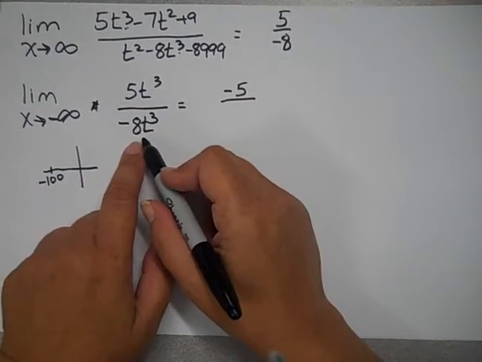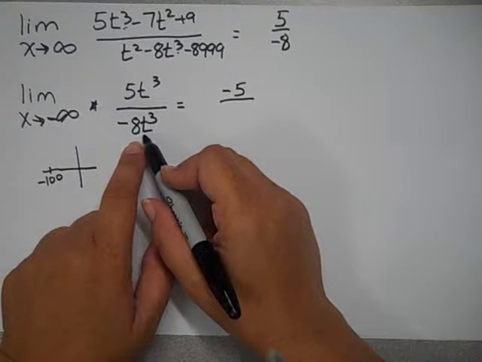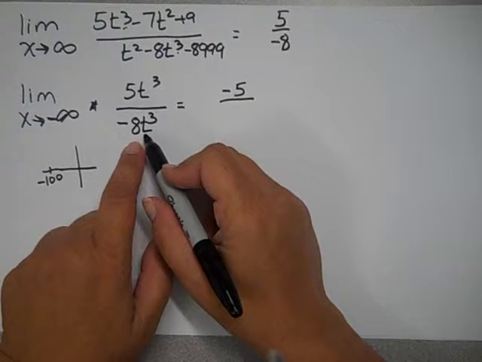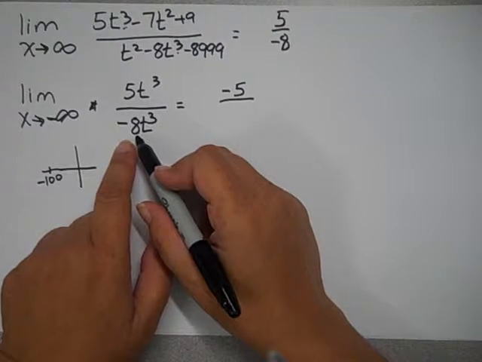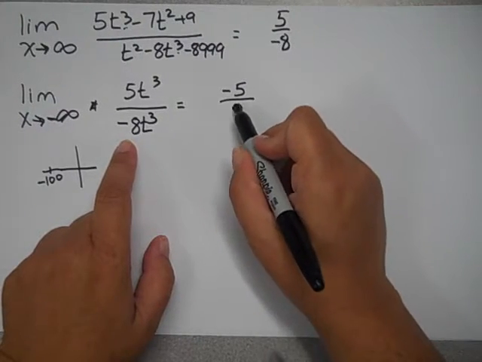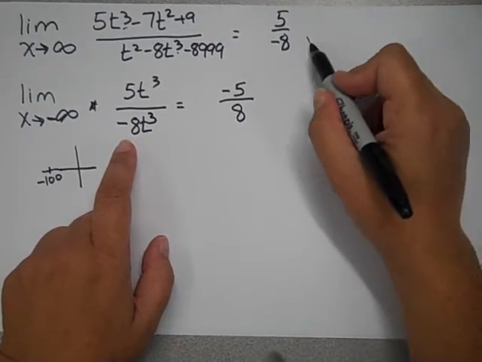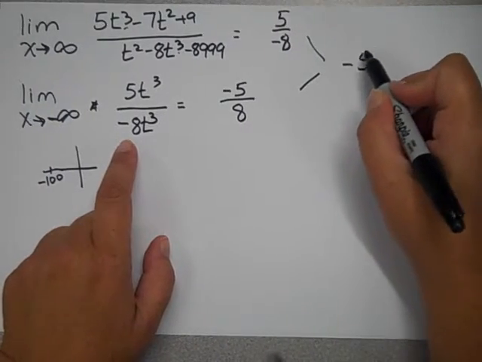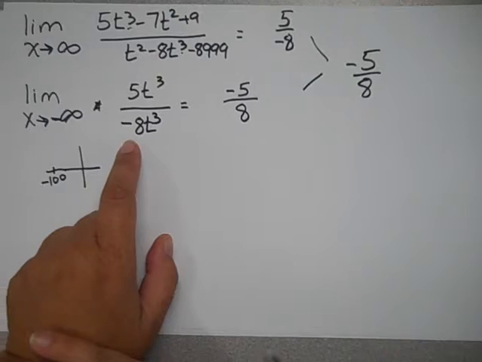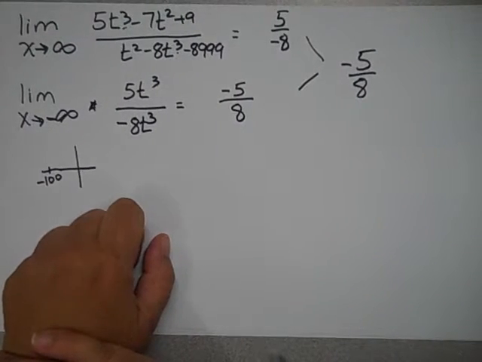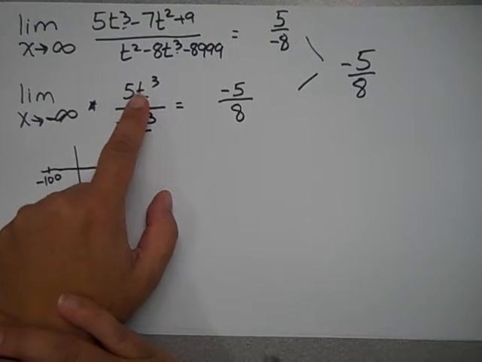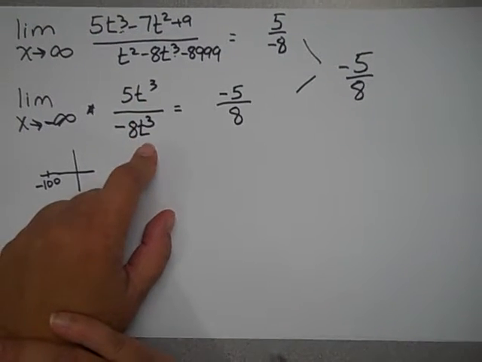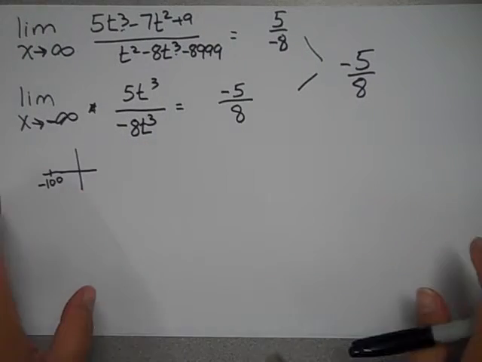And then, if I plug in a negative number in the denominator, I'm cubing it times negative 8. It's actually going to be a positive 8. So interestingly, our answers are the same, negative 5/8. Okay, so the point of that is just watch your negatives when you're going towards negative infinity. Make sure, especially if it's an odd function, that you check the signs.